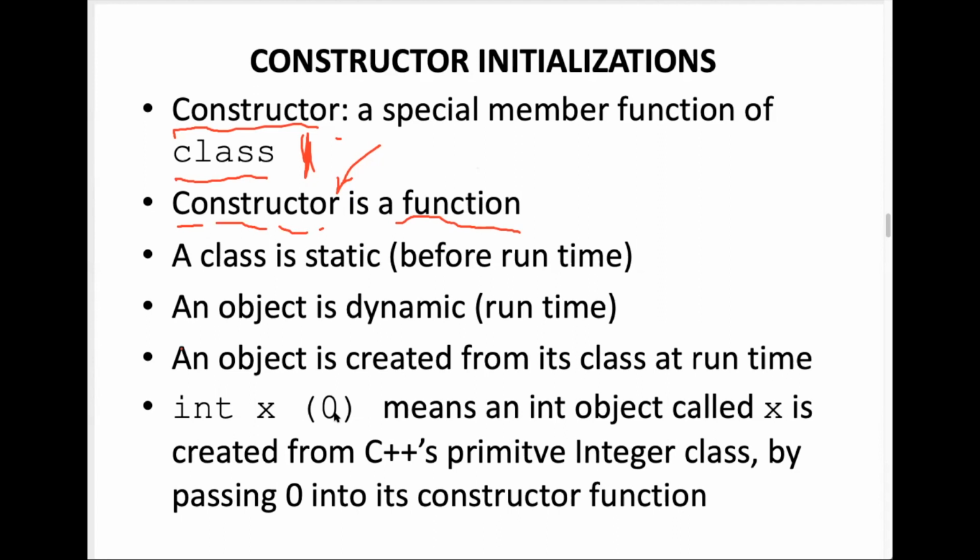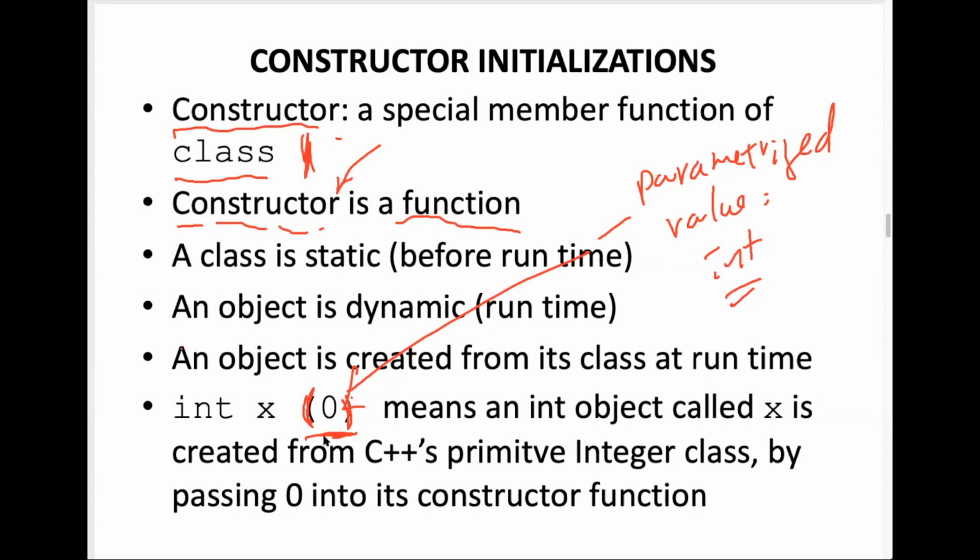But in this case, using this as an example, this is a constructor that is referenced by this pair of parentheses. At runtime, this parameter, I say this is parameterized, value is an integer. Now this integer is a 0.